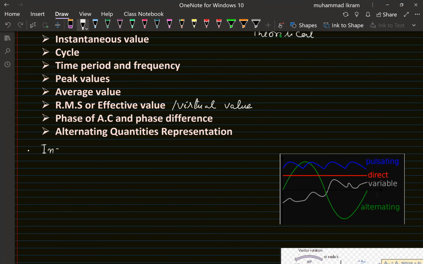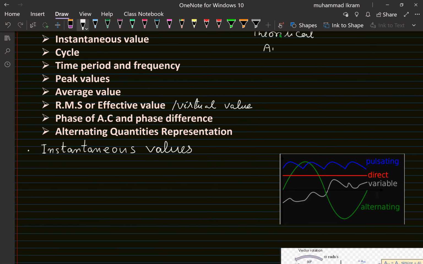What are the instantaneous values? As you remember from the previous chapter, I told you about the AC current.